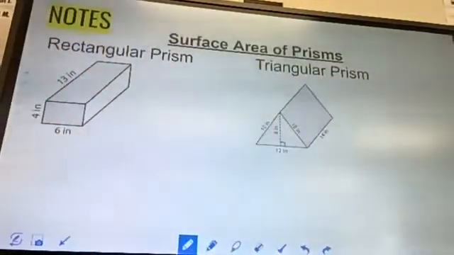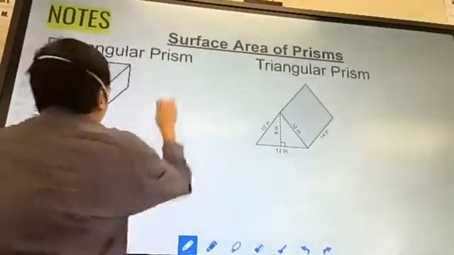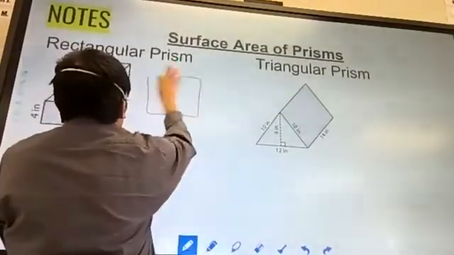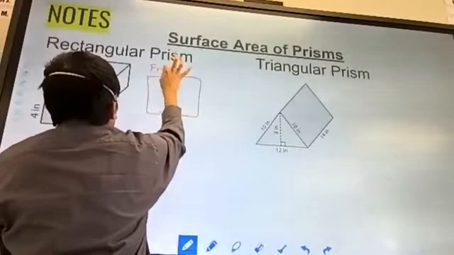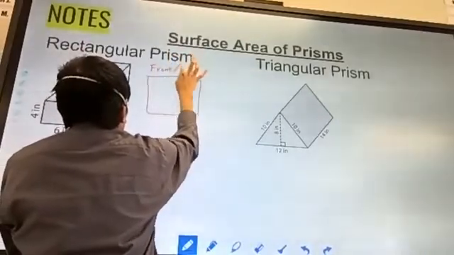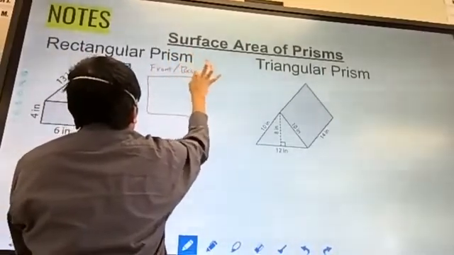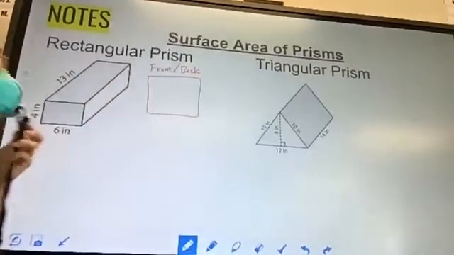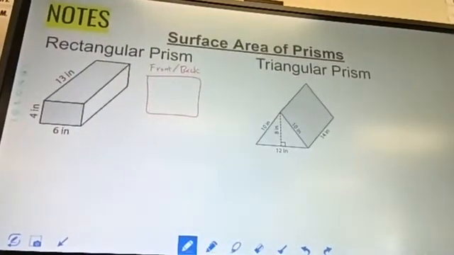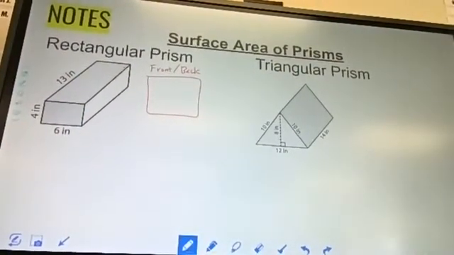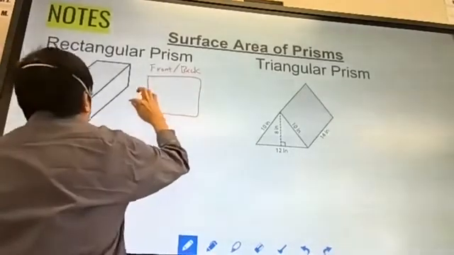Okay, so I'm going to write my first diagram. I'm going to write this as the front and back. Okay, front and back. And for this rectangular prism, our front is 4 inches.